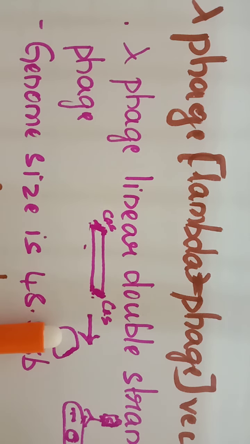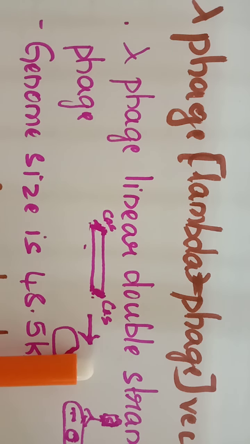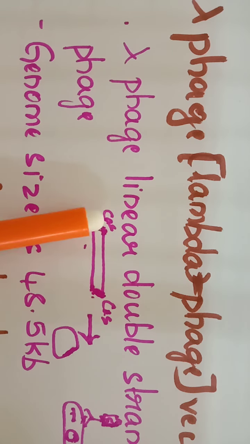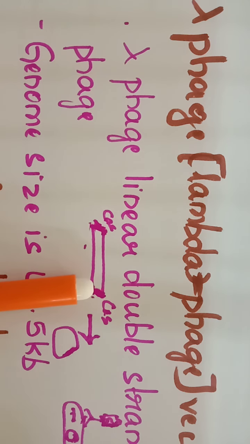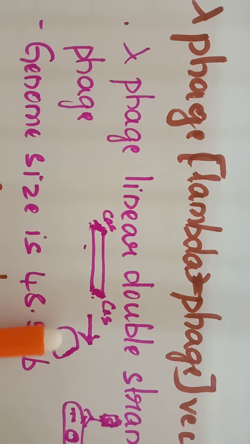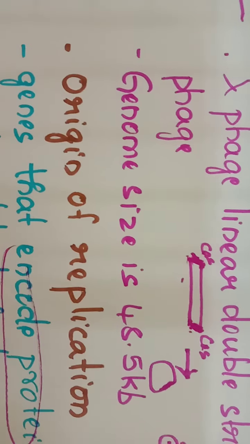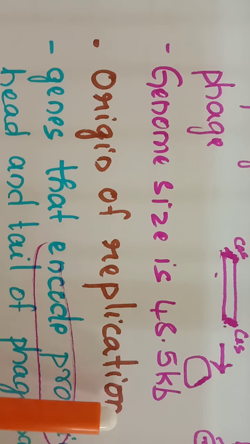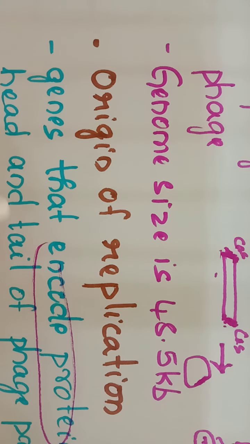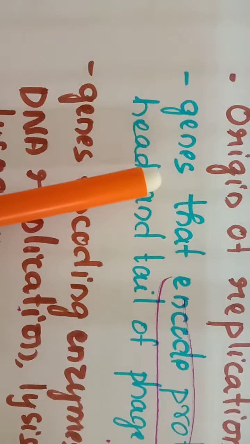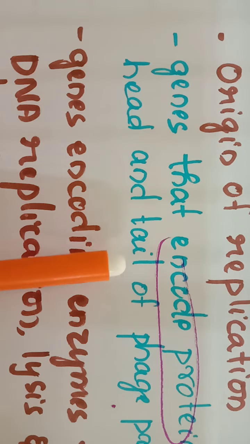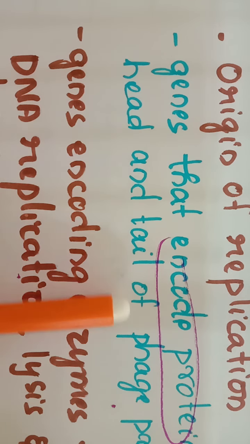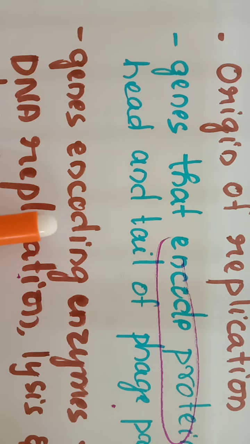Once it inserts its DNA into the bacterium, the cos sites present at the ends of the linear DNA circularize to form circular DNA. Lambda phage has a genome size of 48.5 kilobase. It has an origin of replication, and it also has genes that encode proteins needed for head and tail assembly, and genes responsible for replication.